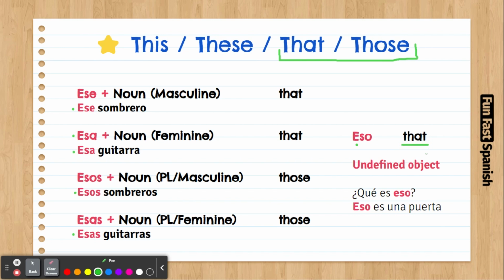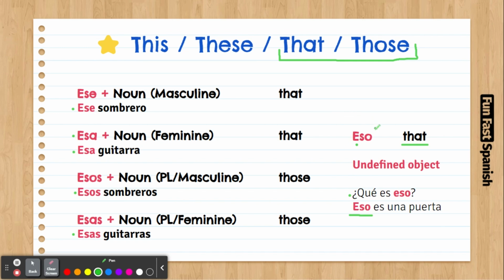In an undefined approach, you don't know what the object is. If you want to say "what is that?" and you don't know the gender of the object because you don't know the object, you're going to say ¿Qué es eso? Eso es una puerta. That is a door. And you're pointing at it, right? You cannot reach it with your hand.